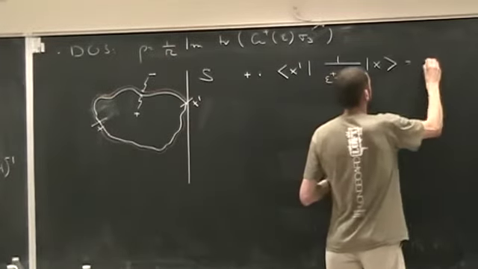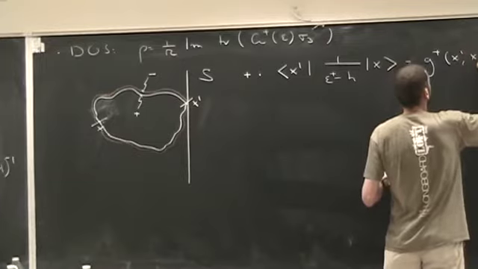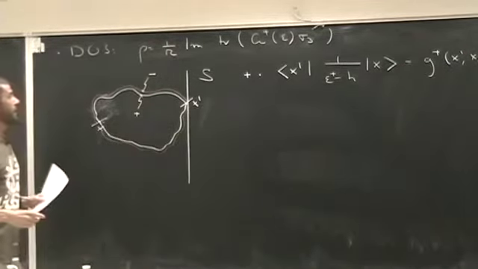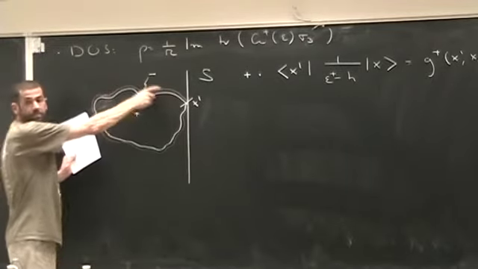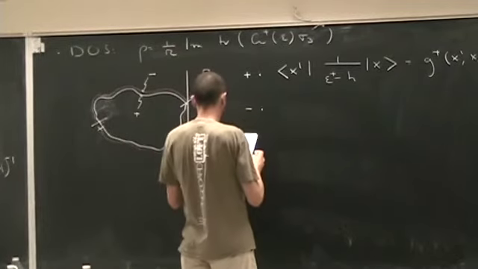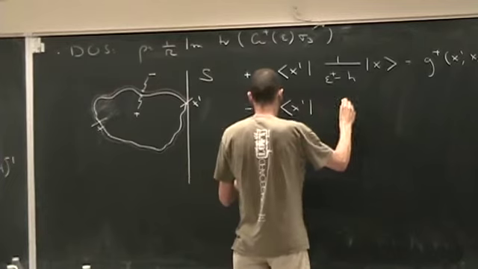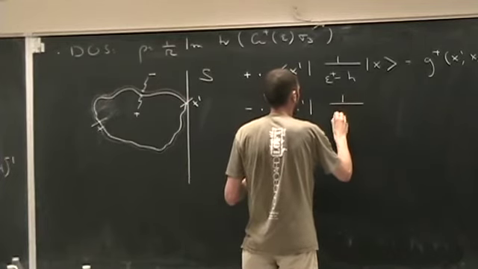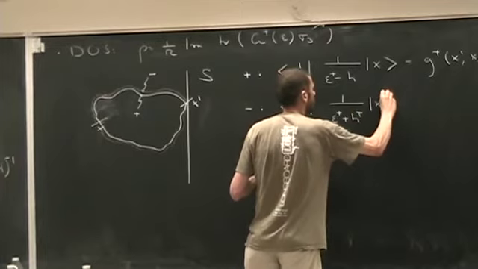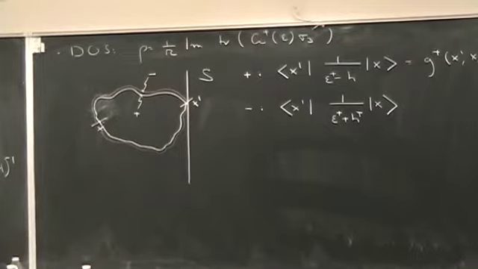I can call this g plus of x prime, x, and epsilon. Just the definition. Now, what is the minus? The minus amplitude: x prime, 1 over epsilon plus h transpose, x. It's the inverse of this block down here.